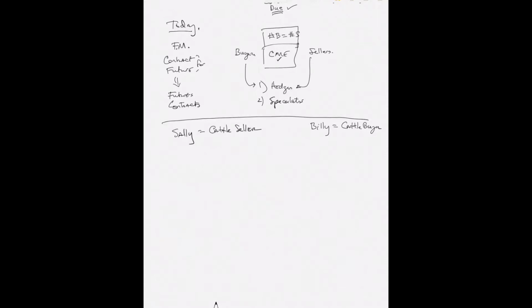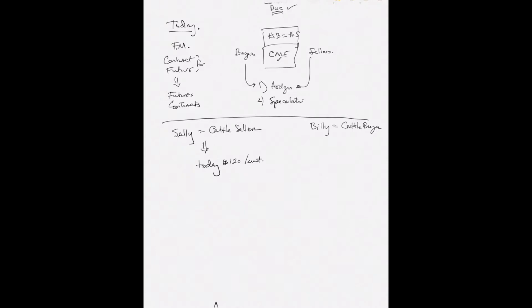All right, so the two of them are in this situation together, and they come to the market. They may know each other, they may not. I'm going to say they don't know each other at all, and they're going to come to the market, and they are going to look at the price. And so Sally's going to see the price today, and the price today is, let's just say it's $120 per hundredweight or cut weight CWT.